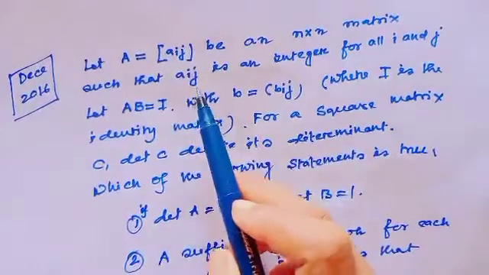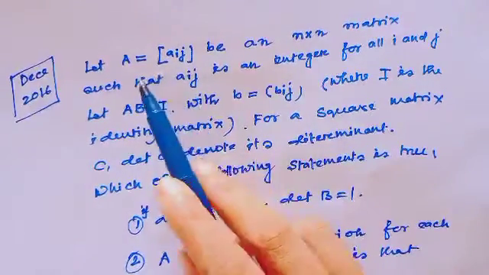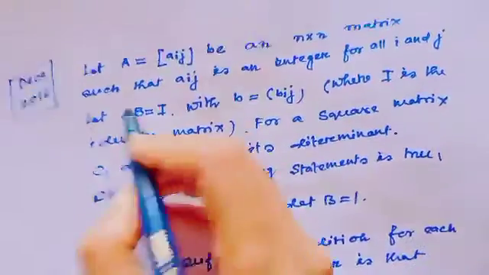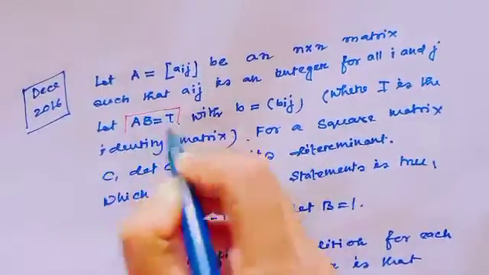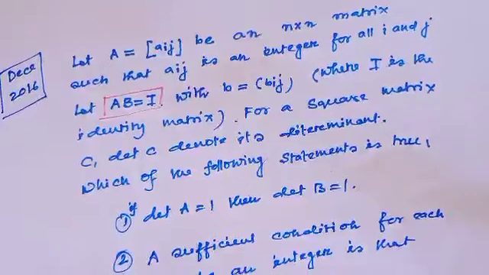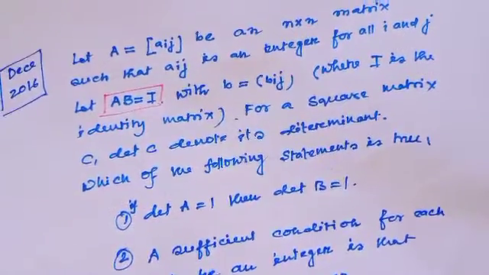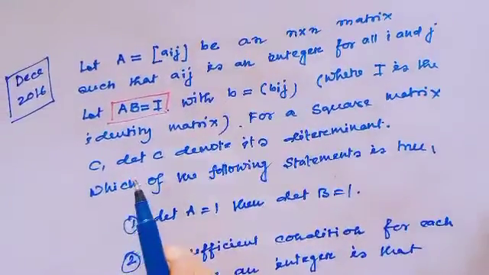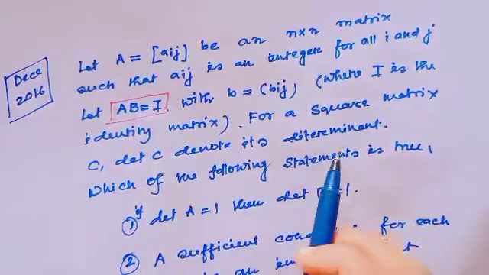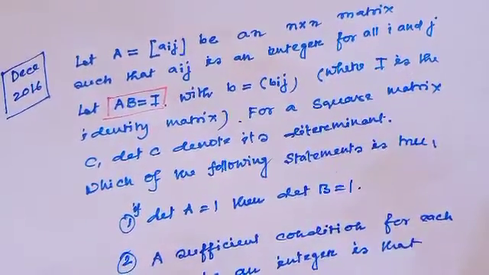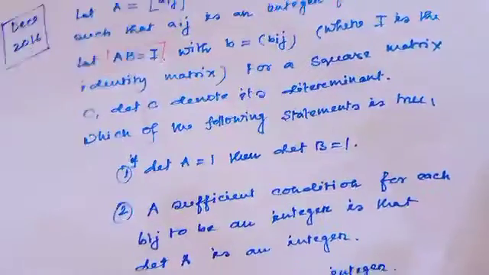Here notice the entries of A are integers, and consider AB equal to I with B equal to Bij, where I is the identity matrix. Then for a square matrix C, det C denotes the determinant. Then which of the following statements is true?